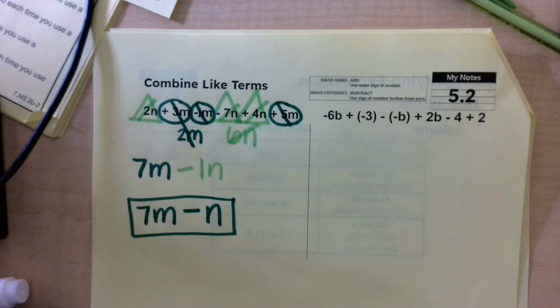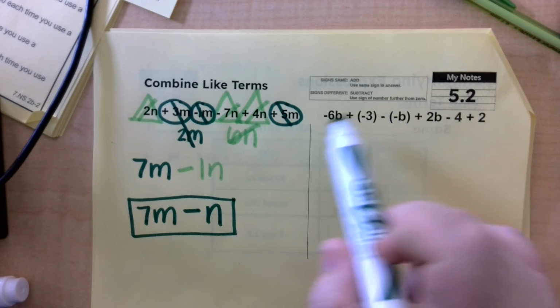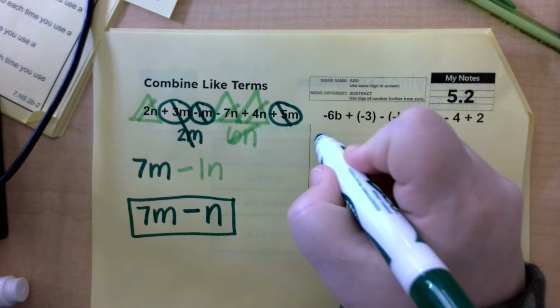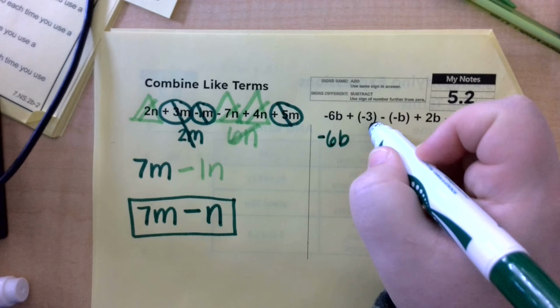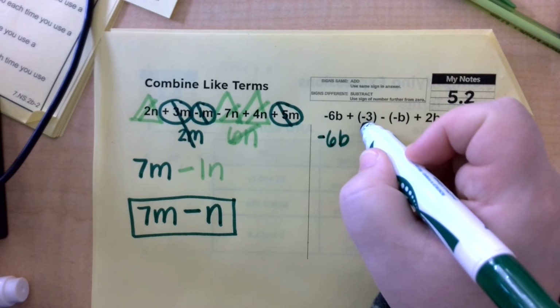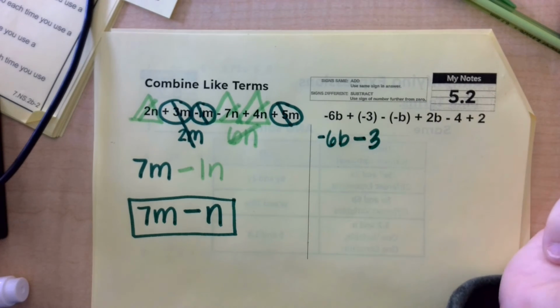All right, first thing, I noticed some parentheses here, so that means I'm going to change them. So I'll have negative 6b, that stays the same. This parenthesis has a plus, a minus, or plus a negative, so I'm going to turn it to minus 3, the opposite.